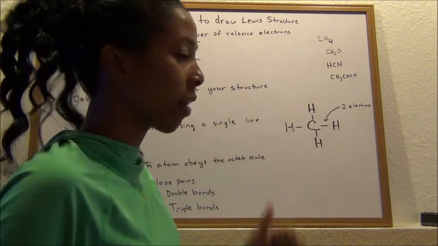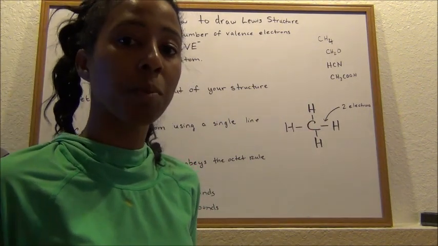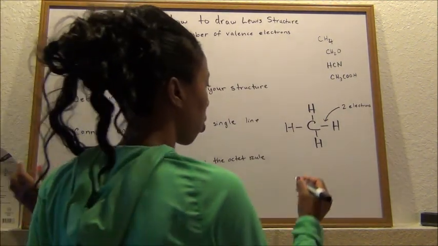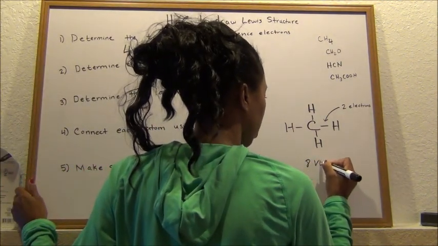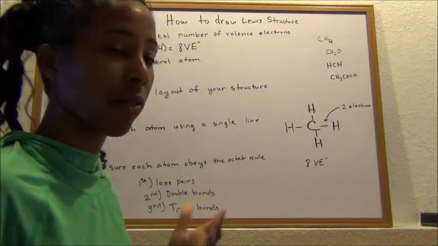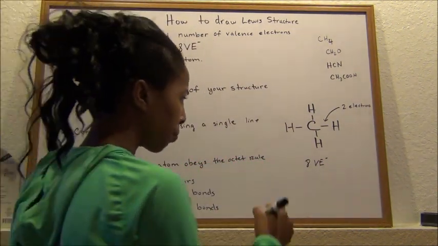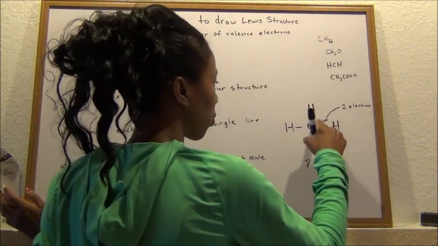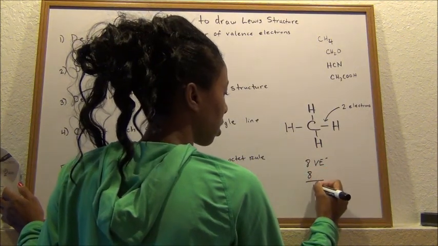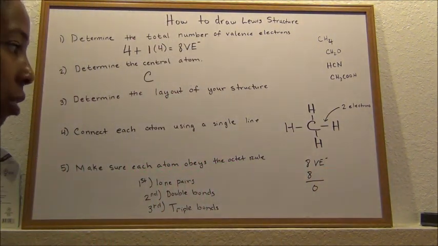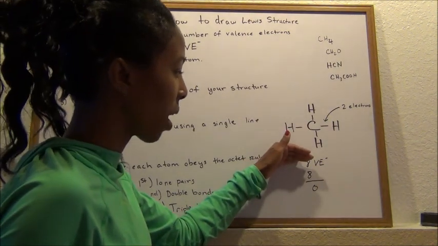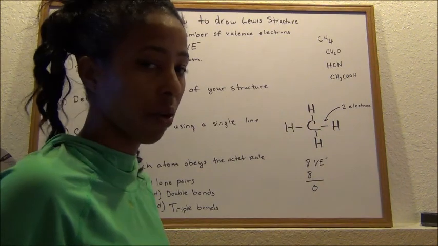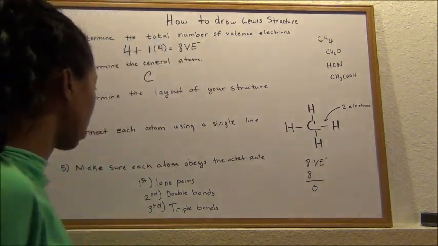Since we already used up some electrons, we must subtract that from the total amount of valence electrons. So we start off with 8 valence electrons, and I'm going to subtract the amount that I've used: 2, 4, 6, 8. So that leaves me with 0 electrons. This is the total amount that I have, and this is how many I've used. So therefore I have 0 valence electrons left.